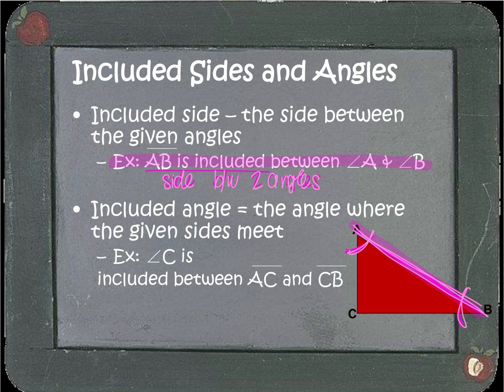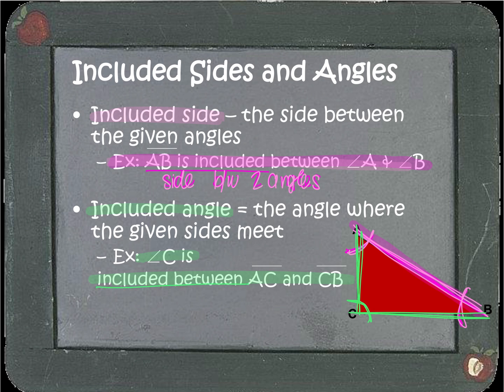So now looking at the next one, it says the included angle. What is my included angle? Let me get a different color. The included angle is the angle where the given sides meet. Here I have my sides. Looking at it, this is the angle we're talking about. Angle C is in between segment A and B. Again, what does it mean to be the included angle?